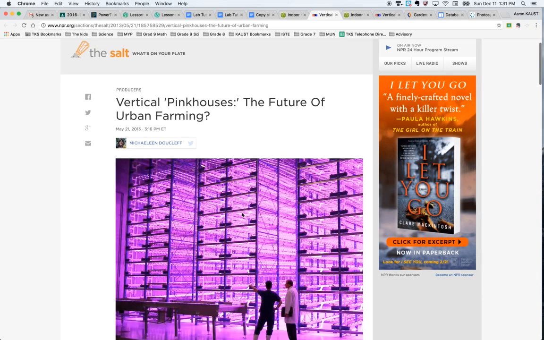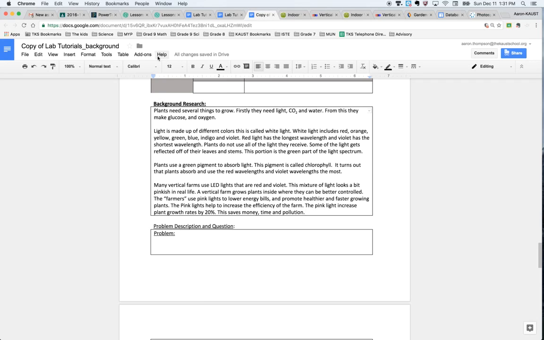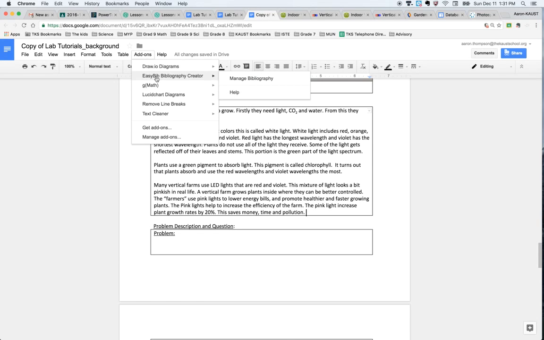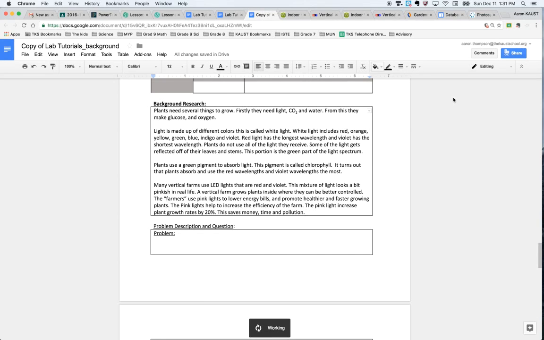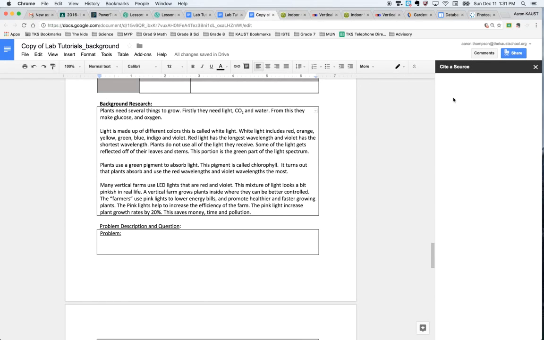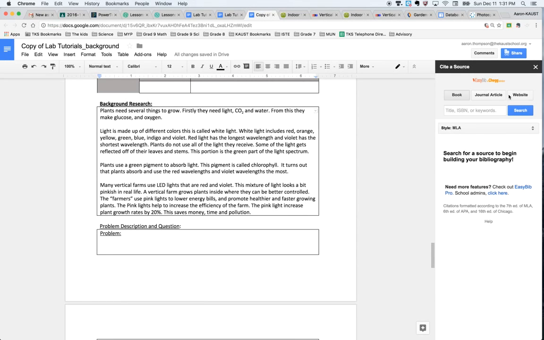So here we go. I'm going to make a citation. So I'm going to use this, copying that, and I'm going to use my tool here, my EasyBib Manage Bibliography. This is a website, it looks like, and I'm going to paste the URL.